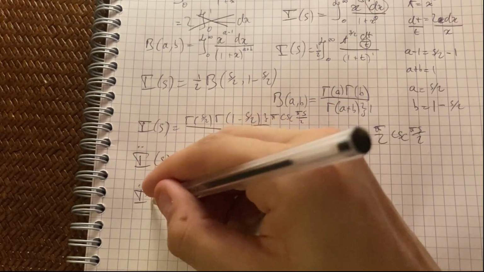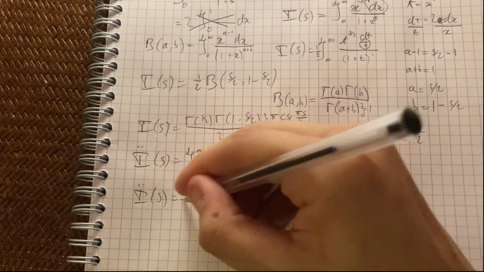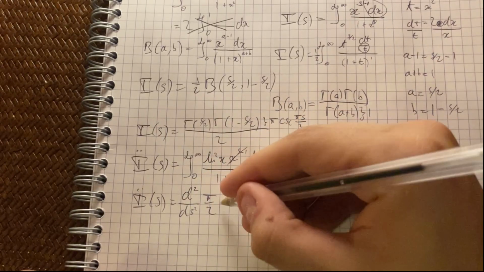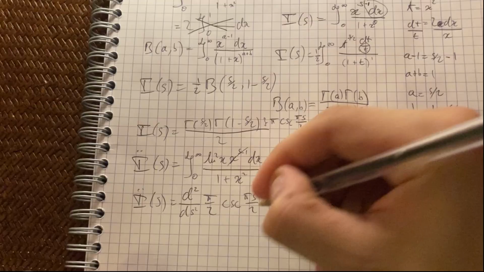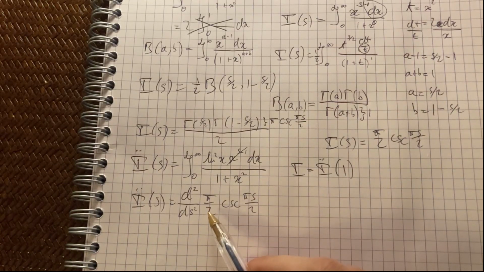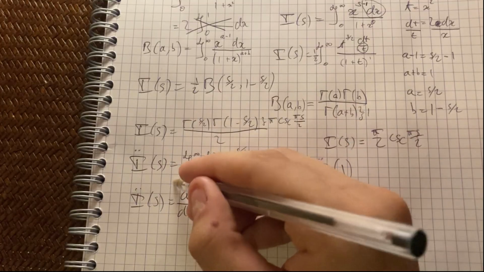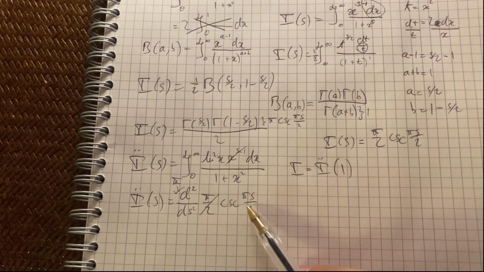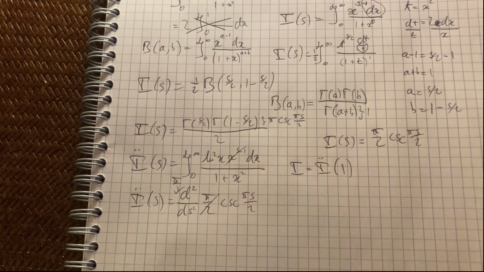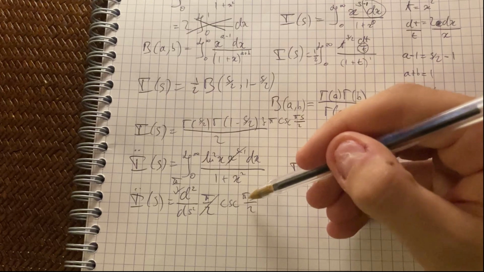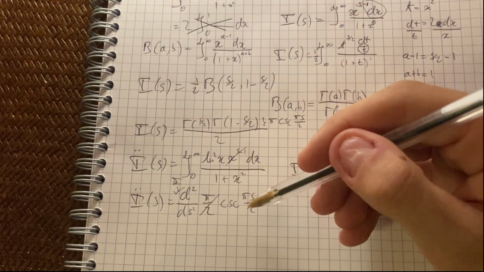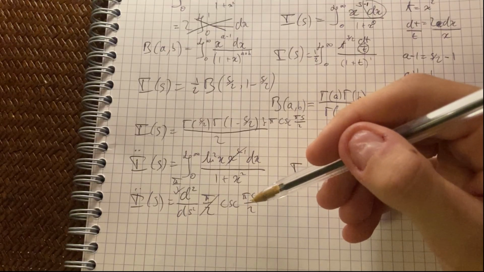I dot dot of s is d squared by ds squared of pi halves cosecant of pi s by 2. The pi halves here is a constant, so we can just bring it outside of the derivative. And for cosecant of pi s by 2, we have to differentiate the cosecant, but we also must think about the chain rule. We have the pi by 2 as a factor of the variable inside of the cosecant, so as the argument.